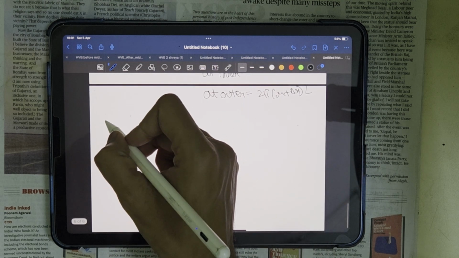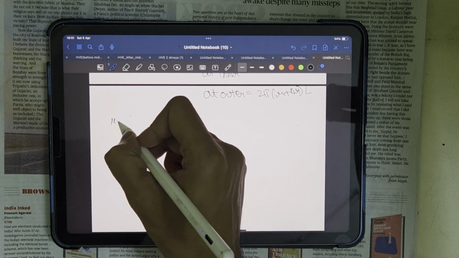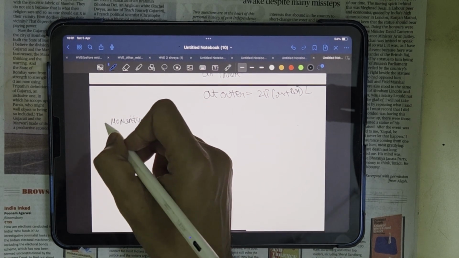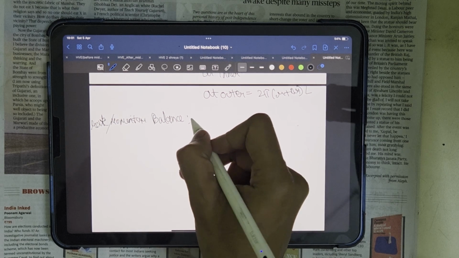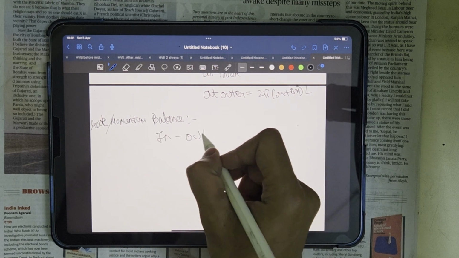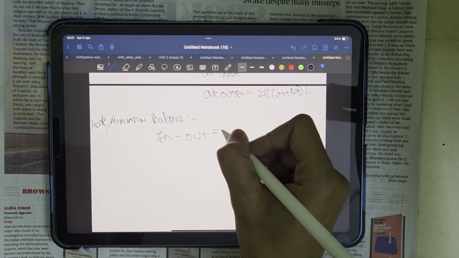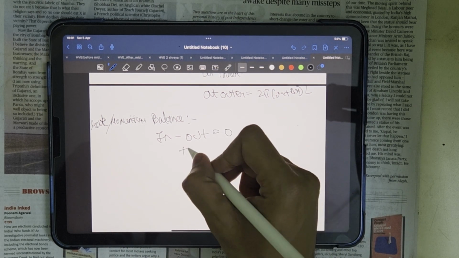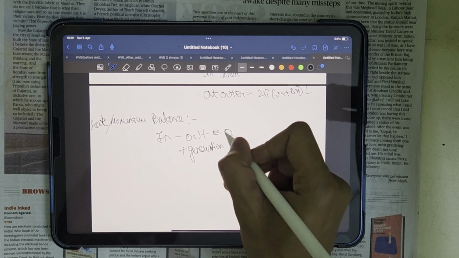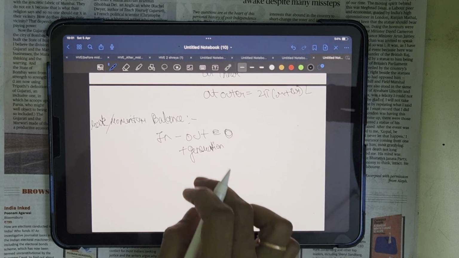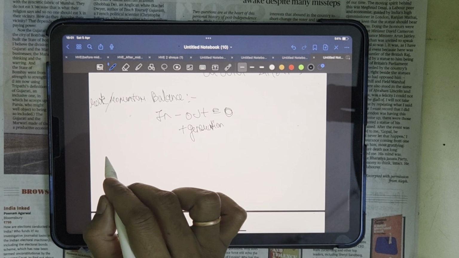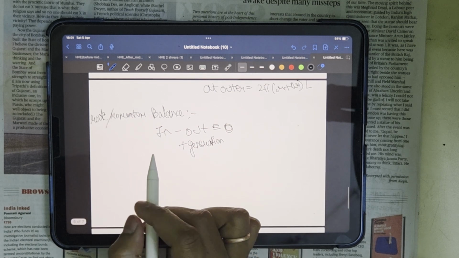We will balance the momentum, or say the rate. In minus out equals 0, plus generation due to gravity. The accumulation term becomes 0 because there is no accumulation. Surface area into phi will give us the rate.